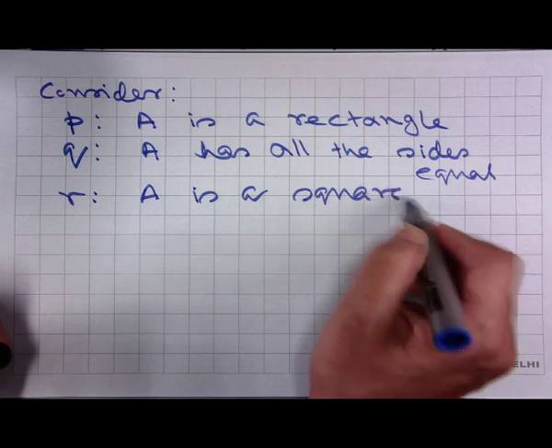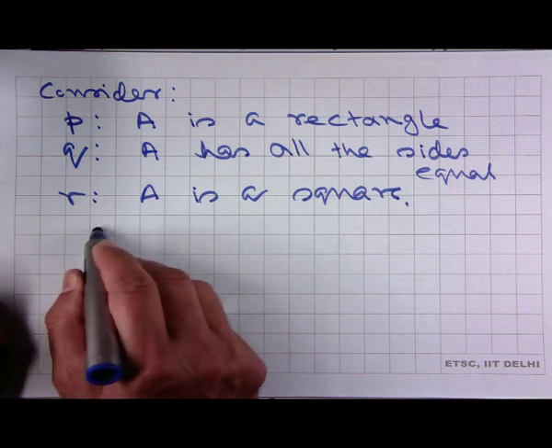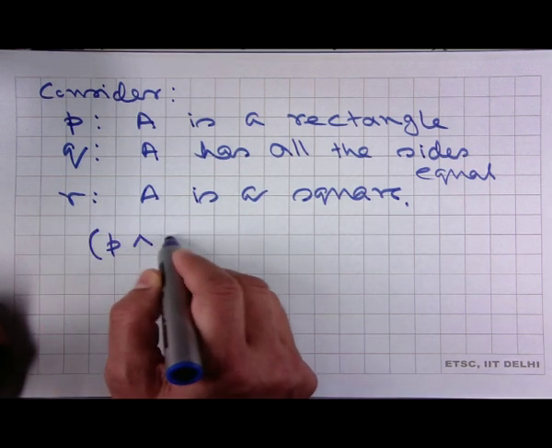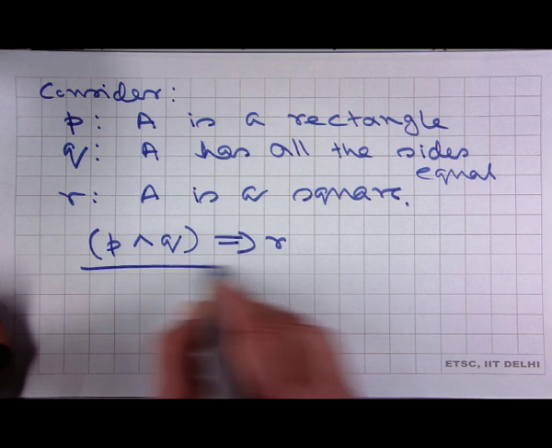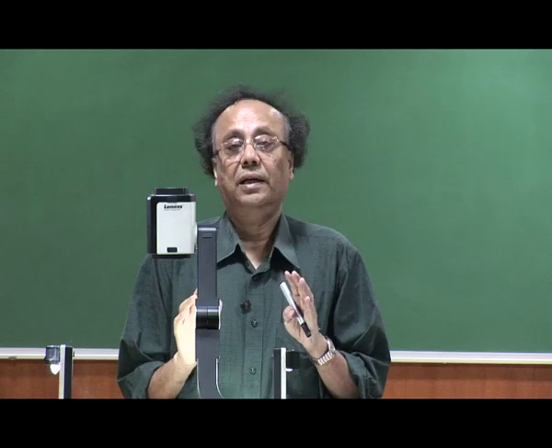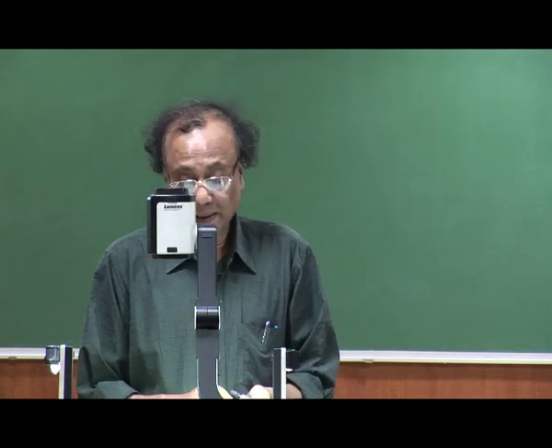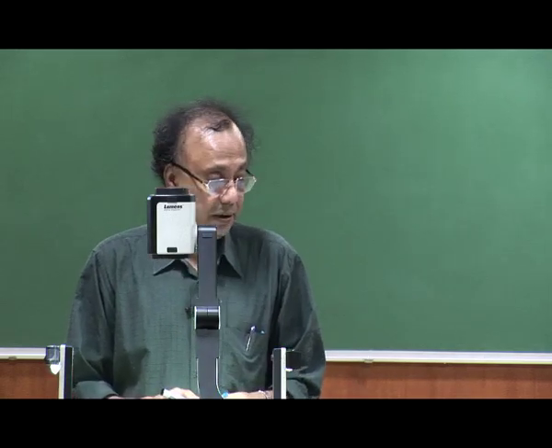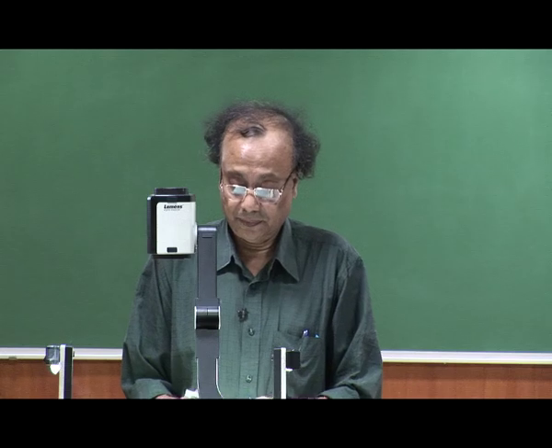We know that P and Q implies R. Because if A is a rectangle and A has all the sides equal, then together they imply that A is a square. What are the converse and contrapositive and inverse of this?